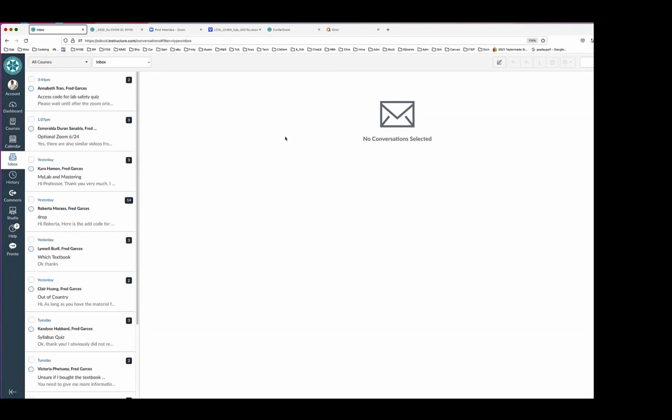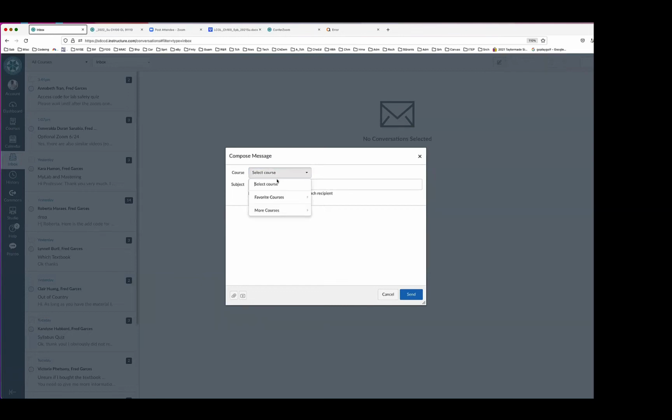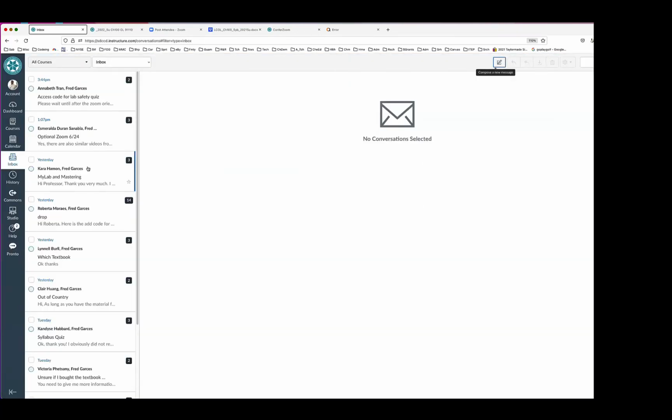You click on that inbox, then you click up here on the right and say you're going to contact your instructor. Find your course and then you can email me directly through that. Or you can just take one of these messages here and hit reply if I send you something. So that's your email system through Canvas.